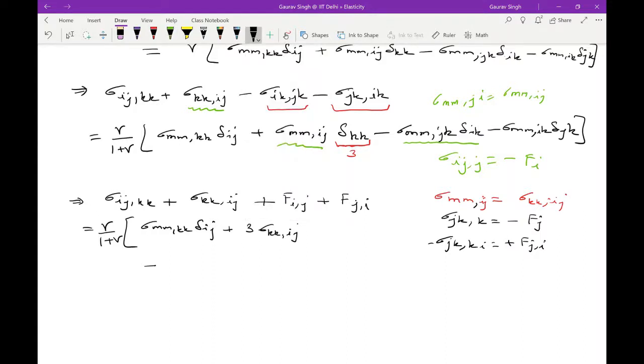So we'll write it as minus sigma comma ij, which we can write as sigma kk comma ij. Let's look at the last term now, sigma comma ik. That would be sigma comma ij, and sigma comma ij can be written as sigma kk comma ij.